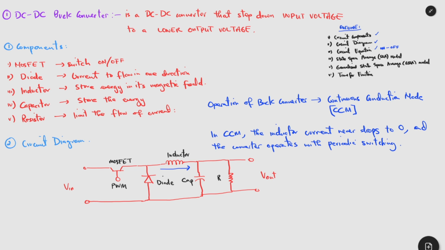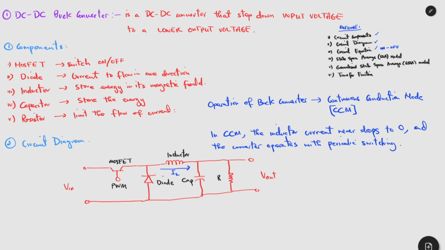And this type of current is denoted by the IL. So later we will be able to derive the equation such that this type of current flowing through the inductor will never go to zero. And the PWM will produce a periodic switching. That means we have the PWM with a specific period to control the switching behavior of the MOSFET.